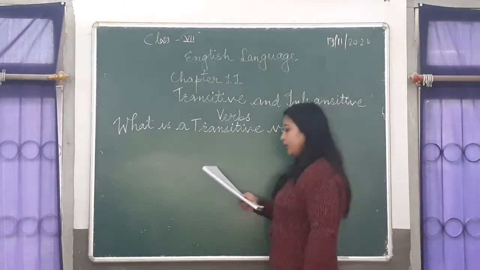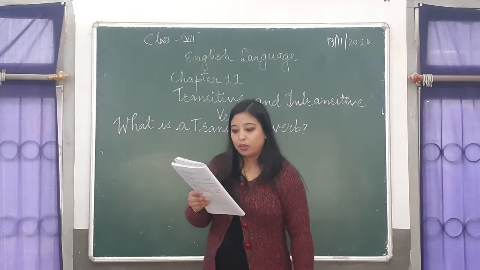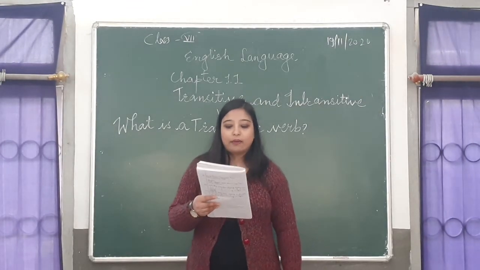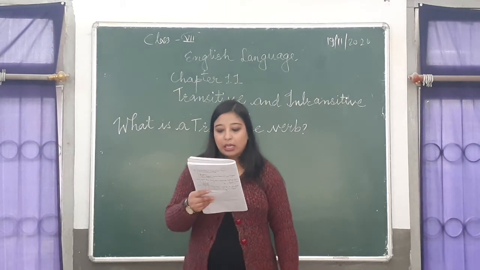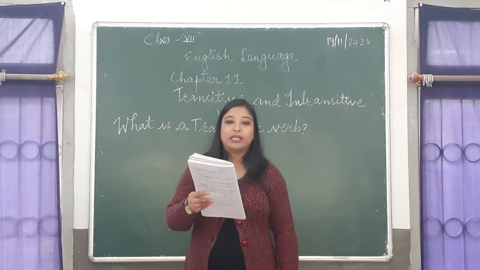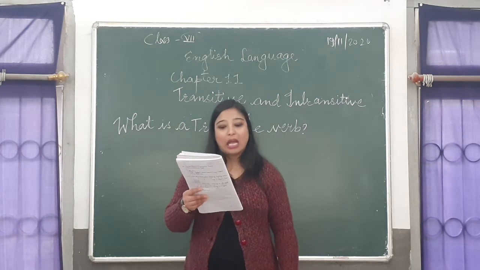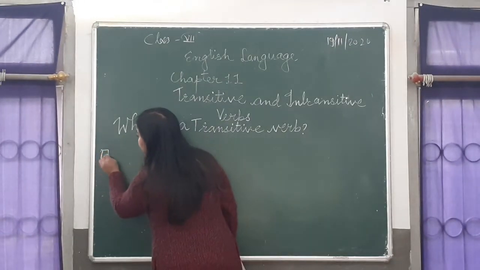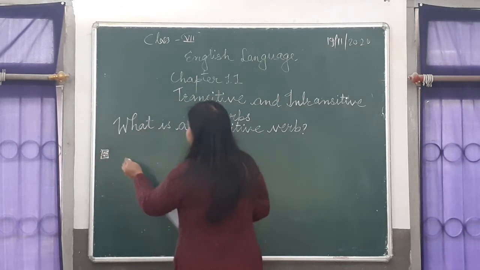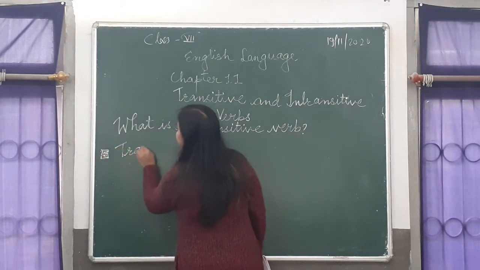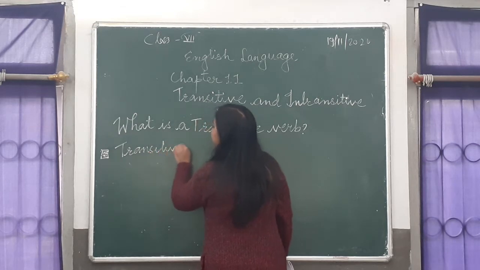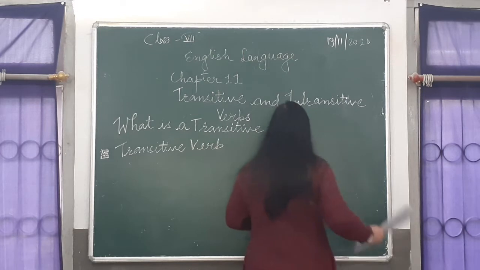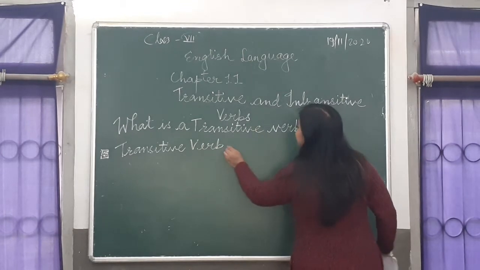Now see, children, the definition. I'm going to read it out to you and then write on the board as well. A transitive verb is an action that has a direct object to receive that action.